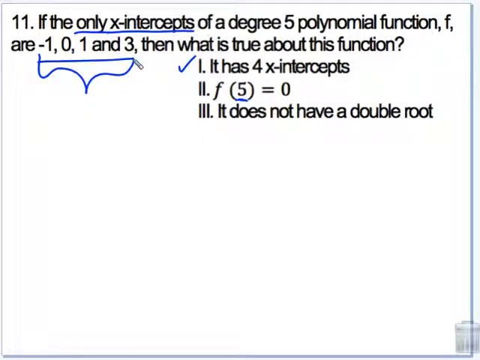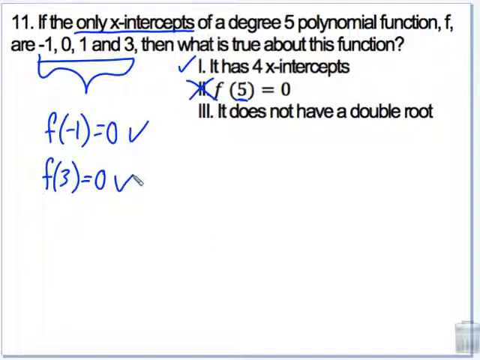Because 5 is not one of them, that is not true. Now, if the statement said f of -1 equals 0, then it would be true. If it says f of 3 equals 0, that is also true. But it has to be one of these x-intercepts in order to make that equation equal to 0.